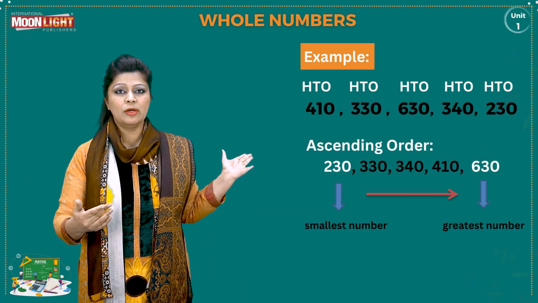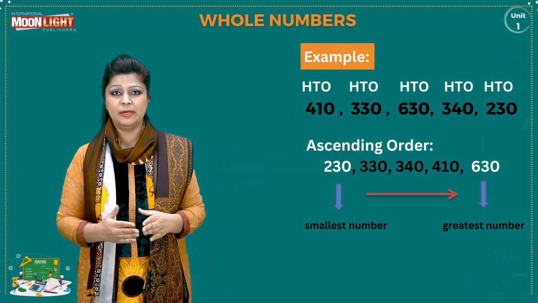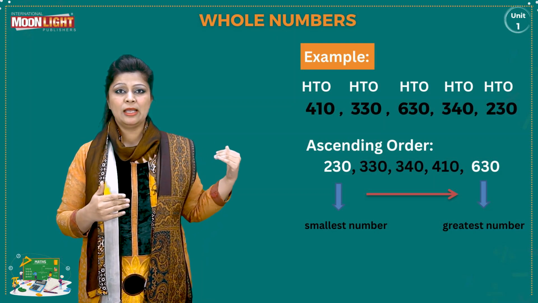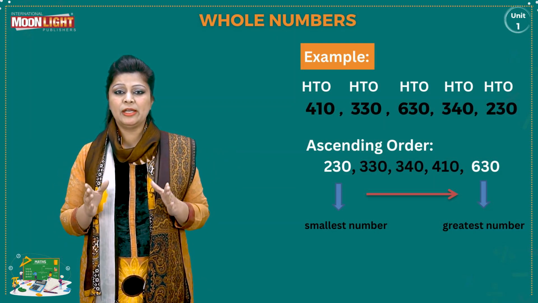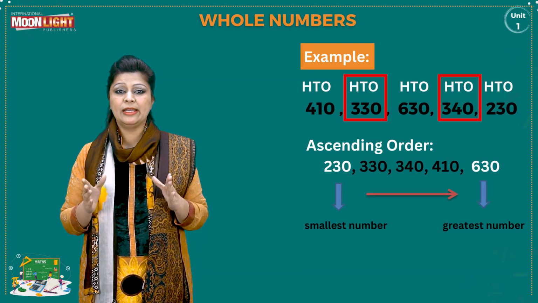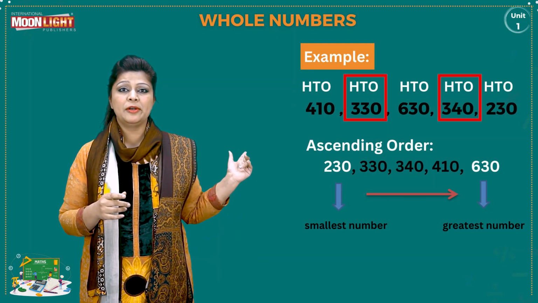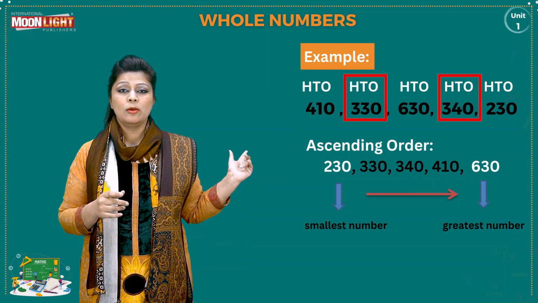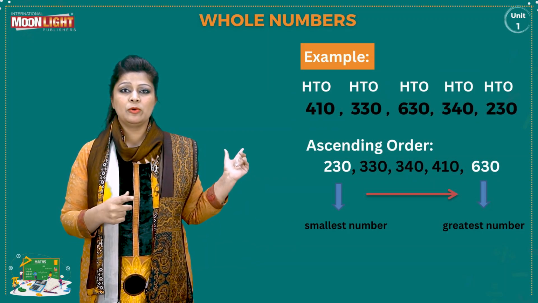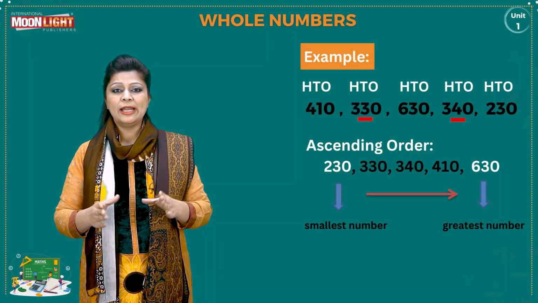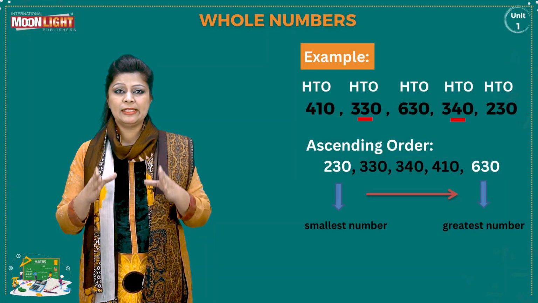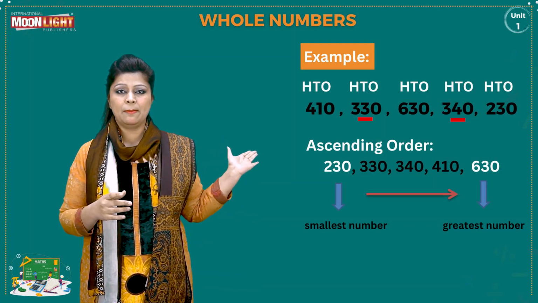Now we will move forward to the next greater number by comparing this number to the other numbers. We see that 340 and 330 have the same 100s digit. So we are going to check the tens place of both of these numbers.